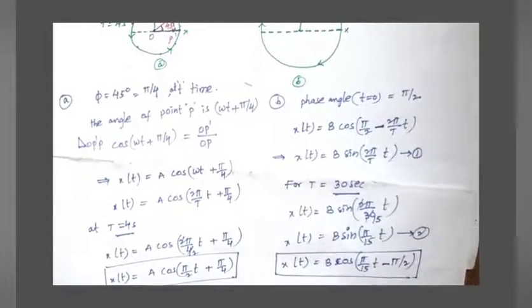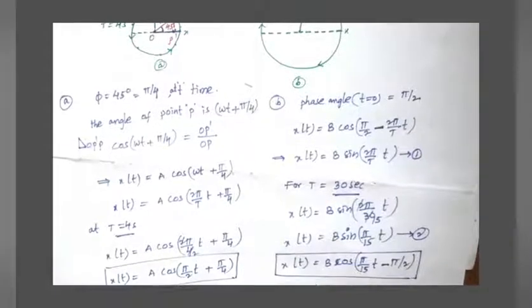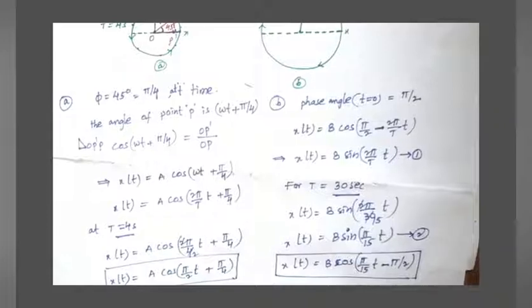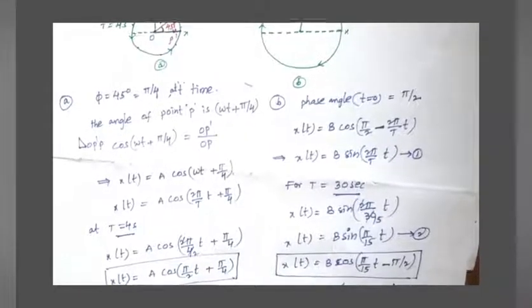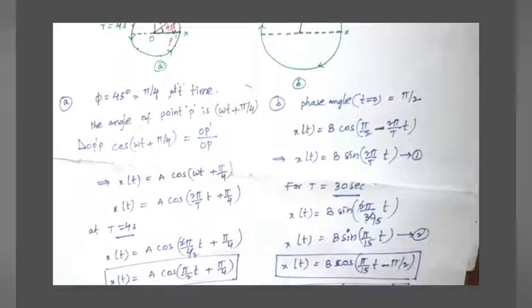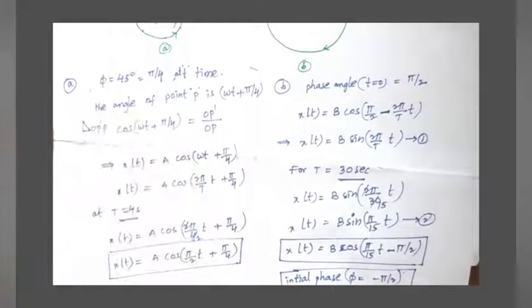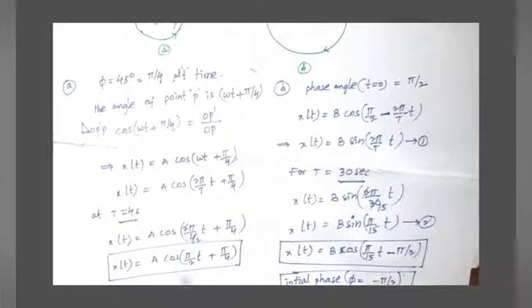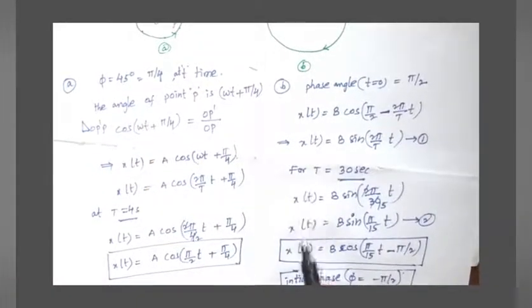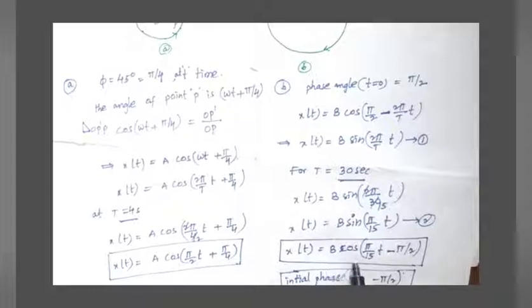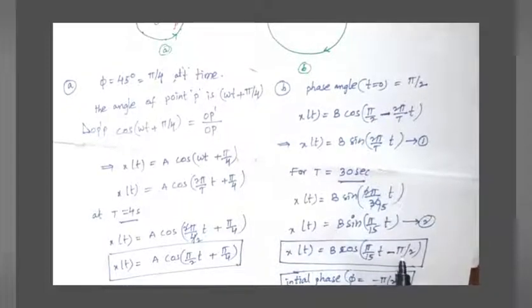The initial phase phi equals minus pi by 2. So this is the first circular motion equation, and the second circular motion equation is x of t equals b cos of pi by 15 t minus pi by 2.